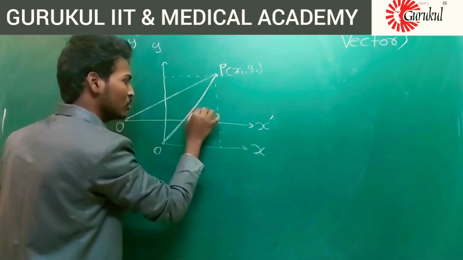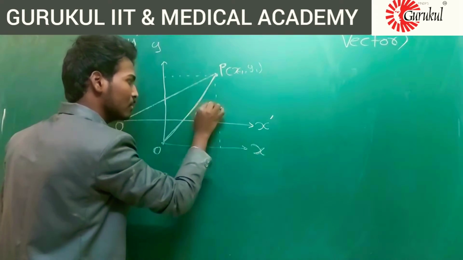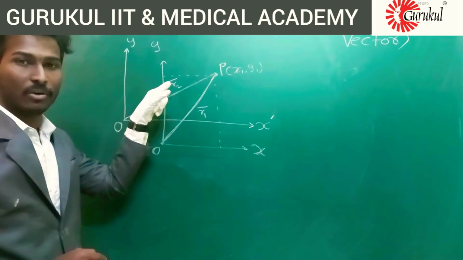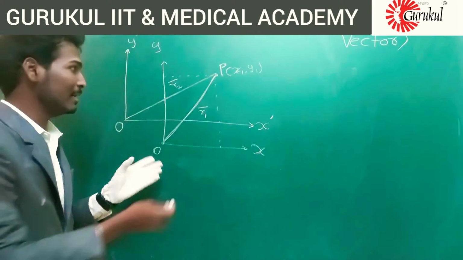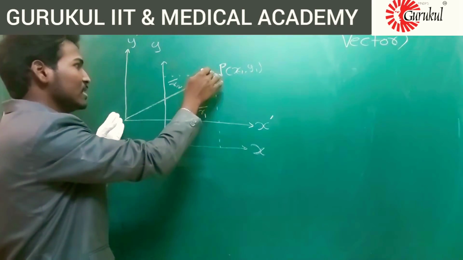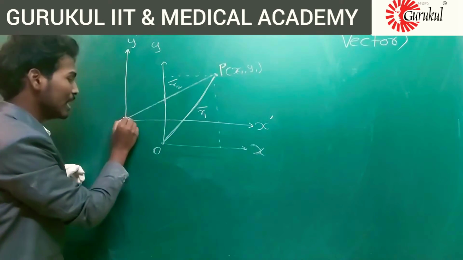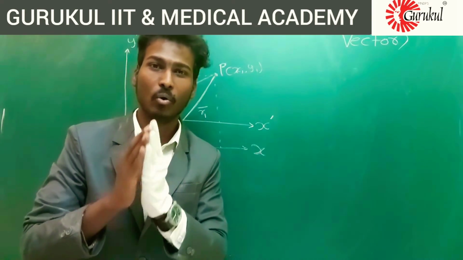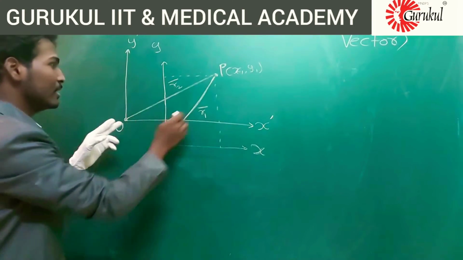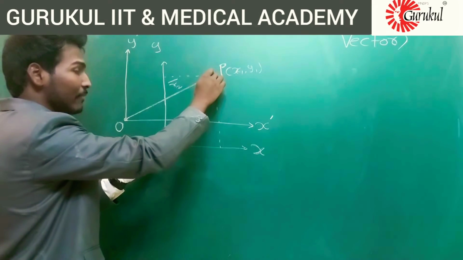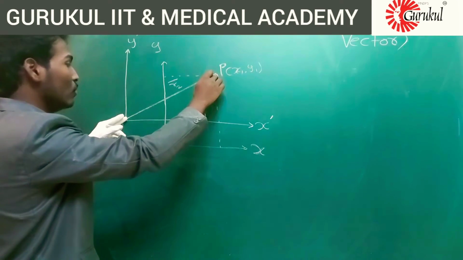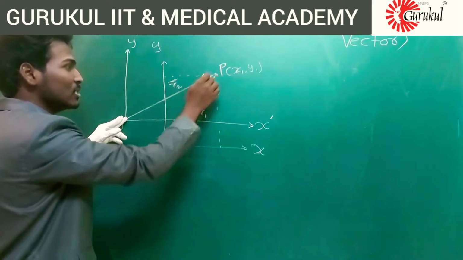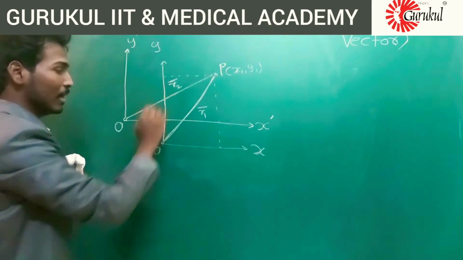The new position vector will be this one. Let's say the previous position vector was r1 bar, and the new position vector is r2 bar. This will not be equal to r1 bar, because the magnitude changes here, since we always measure the position vector with respect to the origin. Here r1 bar had this magnitude, but the new position vector has this magnitude.